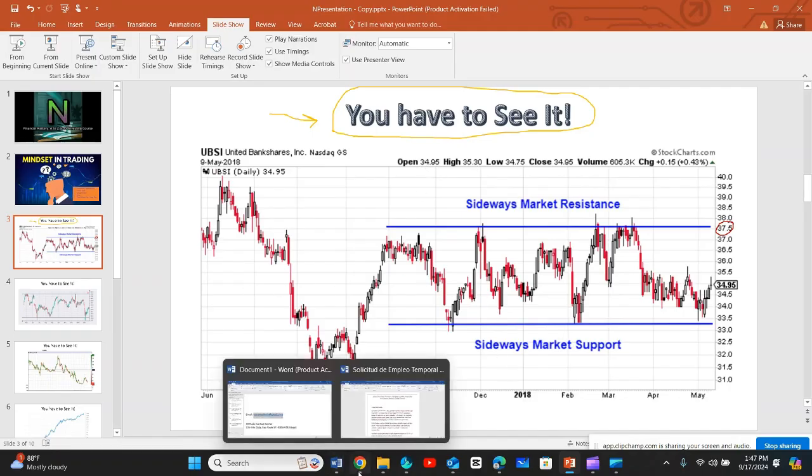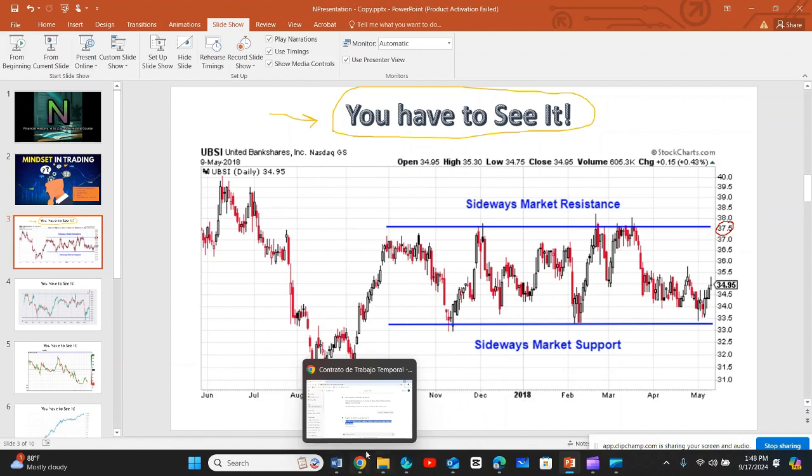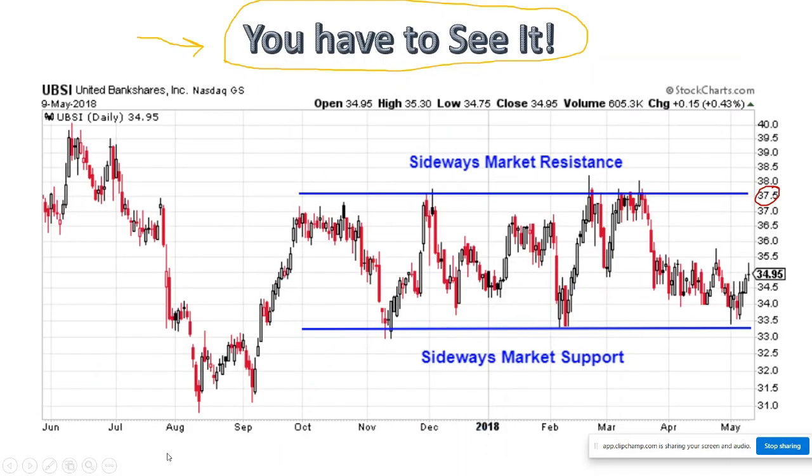Now, if you recognize that, it's full screen. Okay, here we are. So if you recognize, when this stock goes up to 37 and 50 cents here, and it goes up to there, it barricades, it stops, then it drops back down.